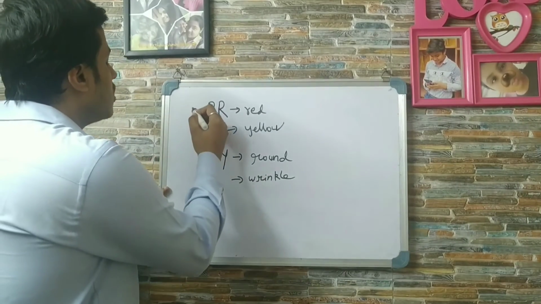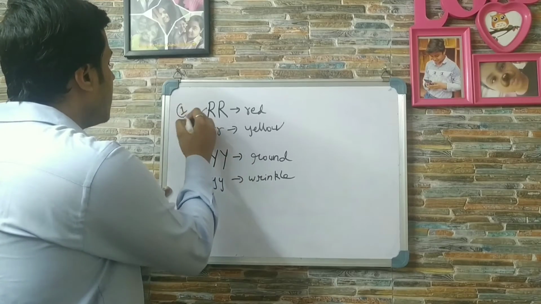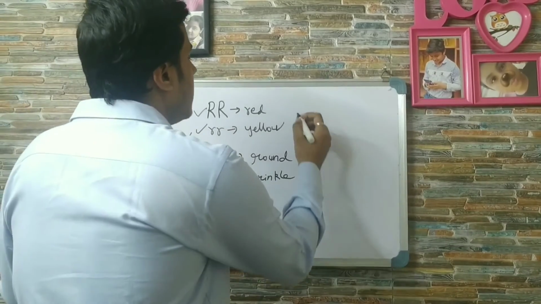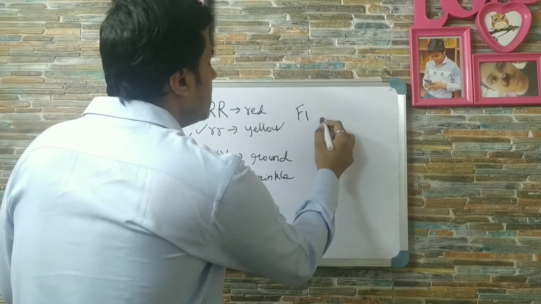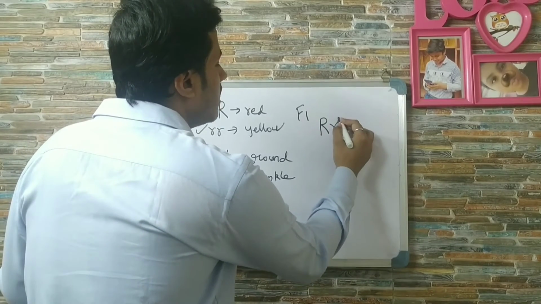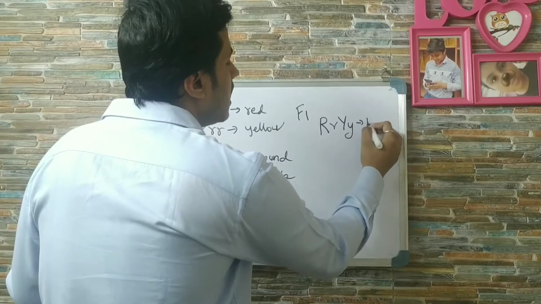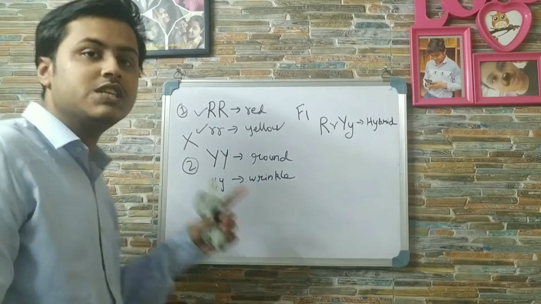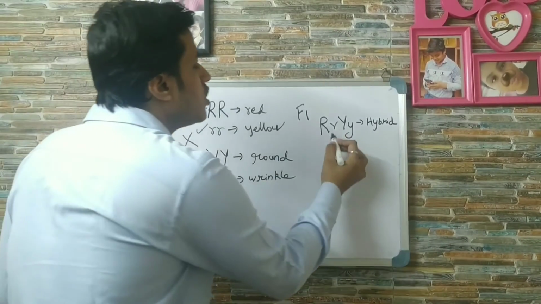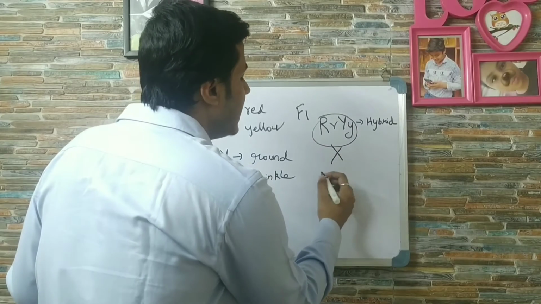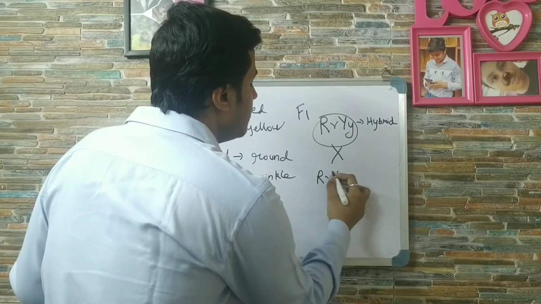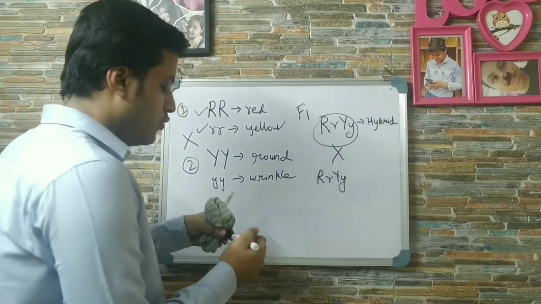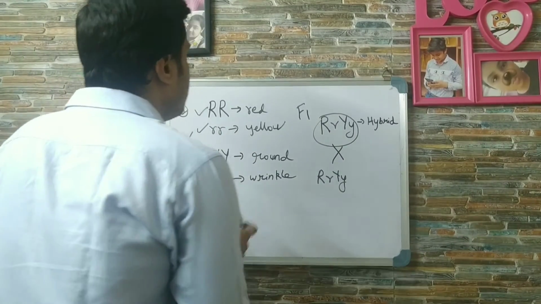Now if there is a cross between these characters of one parent and these characters of the second parent, then the F1 generation of this will be capital R small r, capital Y small y, which is the hybrid. So in a dihybrid cross, just like the monohybrid cross, there will be a cross between hybrid 1 with that of another same hybrid having the same genotype. Now this cross we'll try and draw will be our Punnett square for the dihybrid cross.